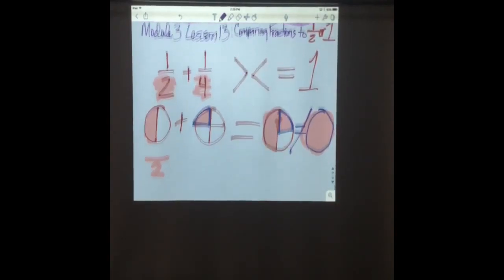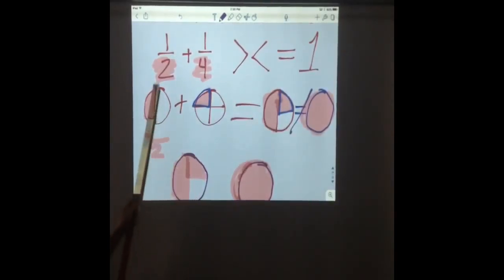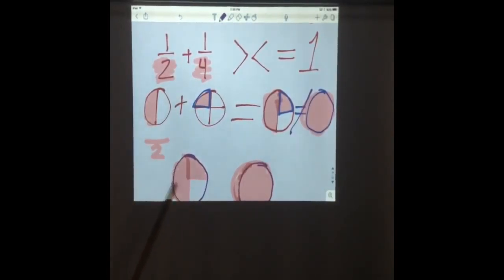Well, let me redraw that. So the question is, here's our half and our fourth, right? We added those together. A half and a fourth makes this, right? Because here's our fourth here, here's our half here, and this is our 1, right?